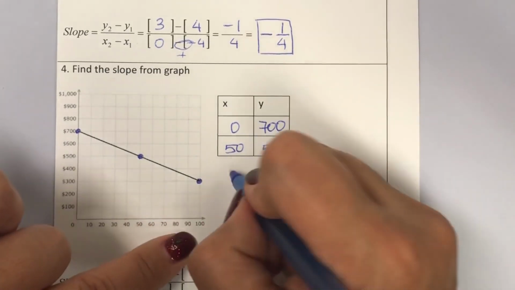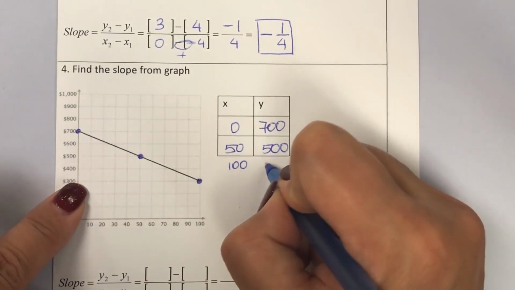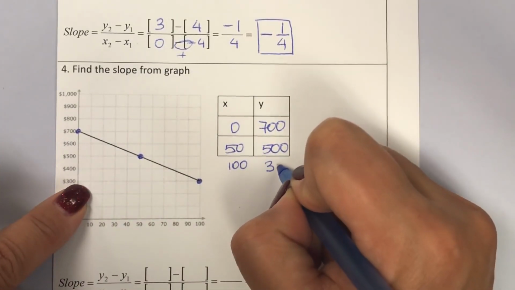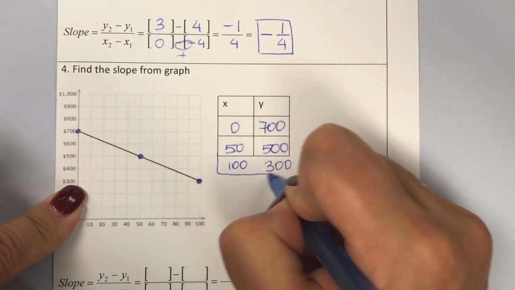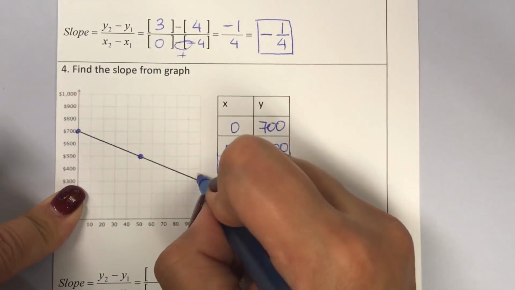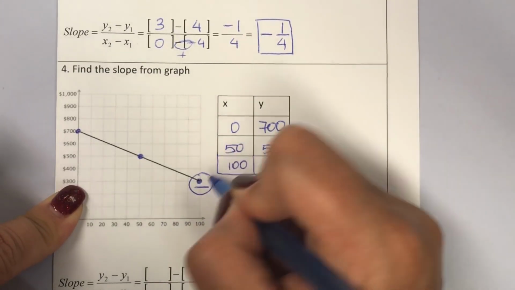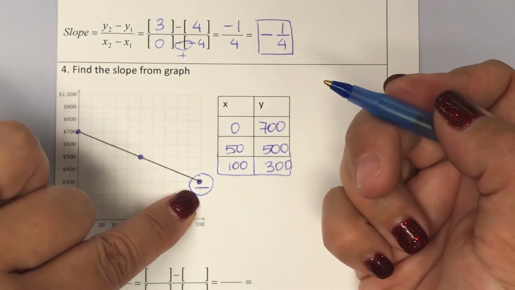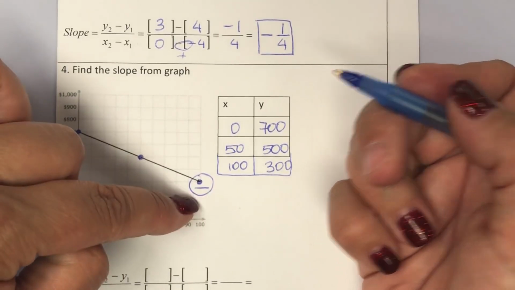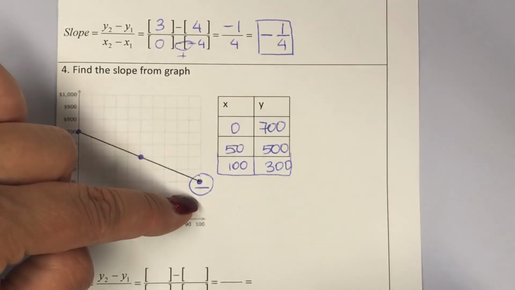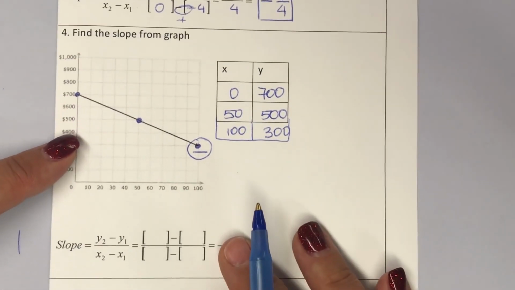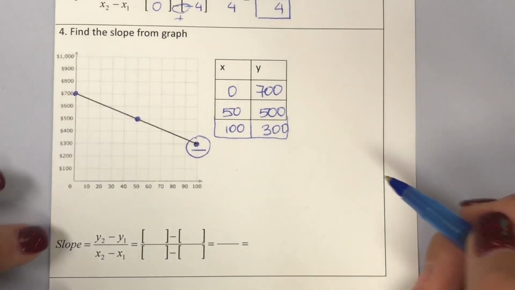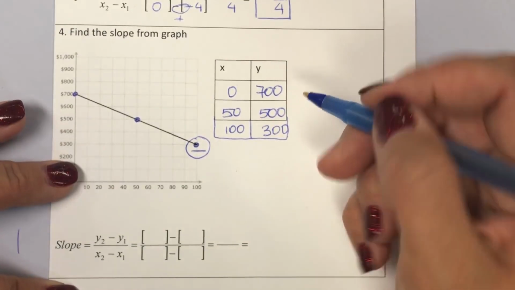And then the other point that I have is 100, with y value 300. So what I can see from this chart is that I have a negative orientation of the slope. So the steepness is downward to the right, which is negative. And then I'm going to use two ordered pairs to find the exact slope.